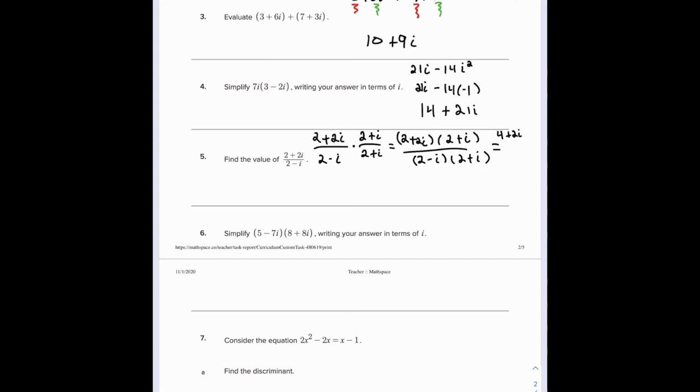Now I'm running out of space. Hold on. Okay. 4 plus 2i plus 4i plus 2i squared all over the product of 2 minus i times 2 plus i.